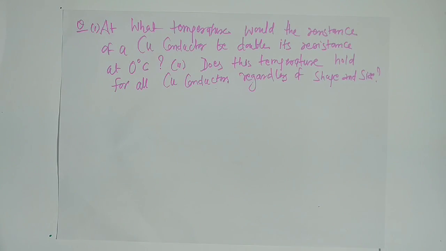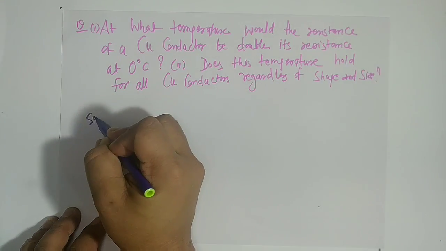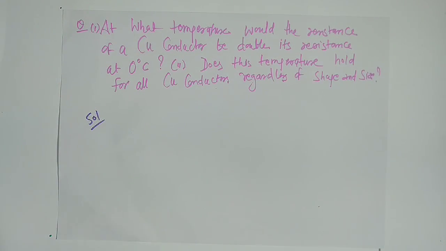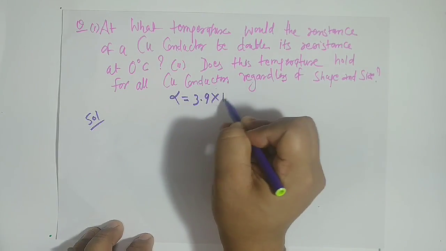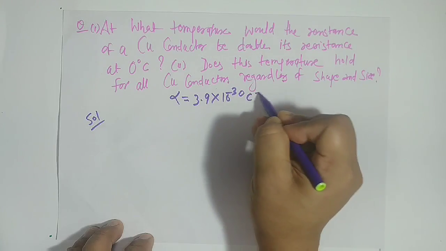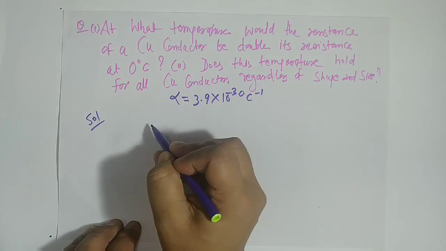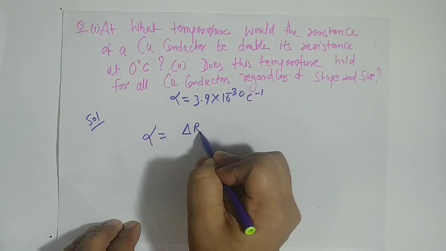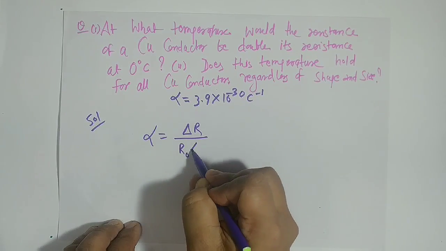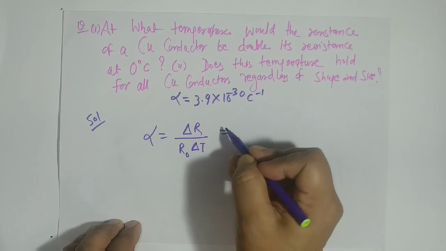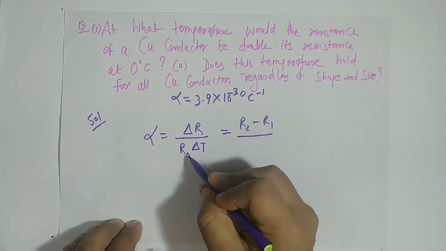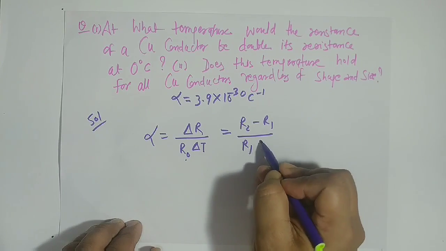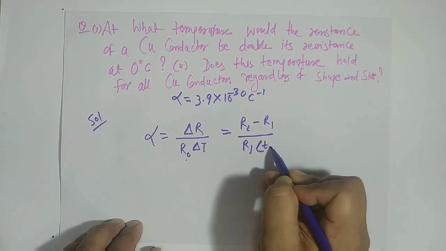And then how are we going to solve it? Very simple. We know the relation, and alpha is given. Alpha for copper is 3.9 into 10 to the power minus 3 per degree Celsius. How do we define alpha? Alpha is delta R by R naught delta T. So delta R is basically R2 minus R1, upon R1 delta T. Delta T is T2 minus T1.